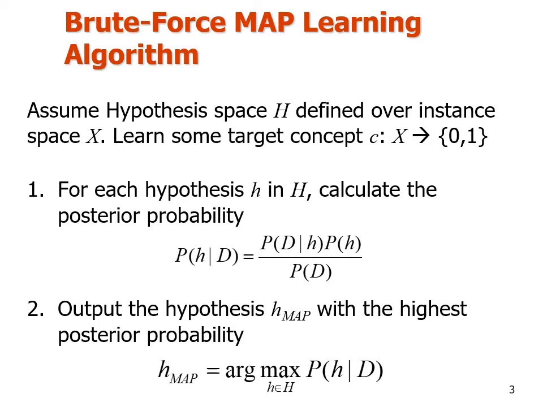Now if there is a large hypothesis space, meaning there are many hypotheses in the hypothesis space, this algorithm may require significant computations, because it applies Bayes' theorem to each and every hypothesis in hypothesis space H and calculates probability of h given D. Due to the huge computations required, this algorithm may prove impractical for large hypothesis spaces.